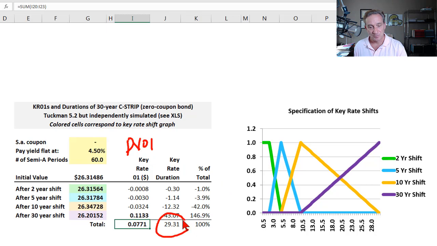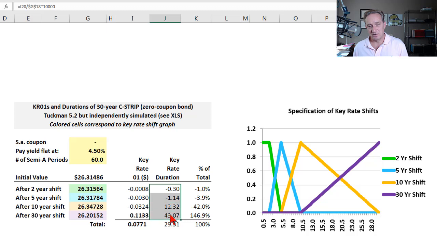And similarly, the sum of my key rate durations here should approximate just the plain old duration, but we don't expect it to be exactly the same. The total line here is significant because it reconciles, and conceptually it tells us, yes, that if we shocked all the key rates simultaneously, we should get a result very close to a parallel shift.